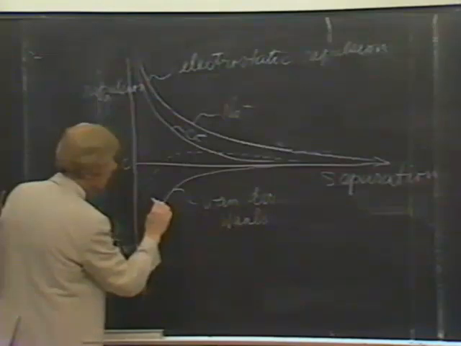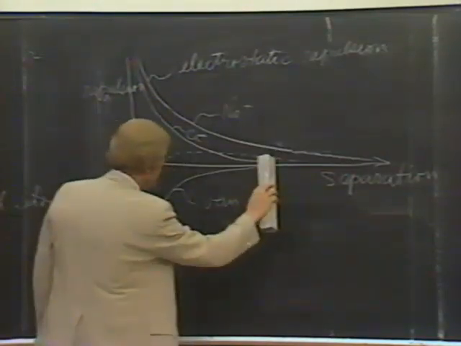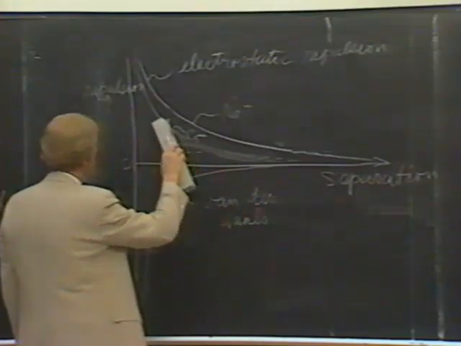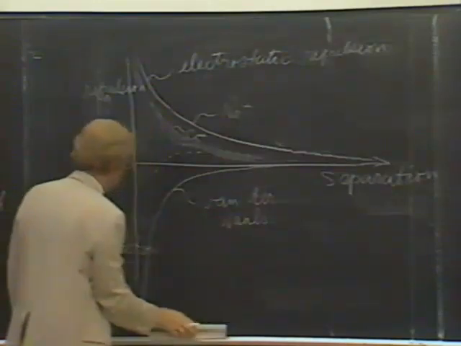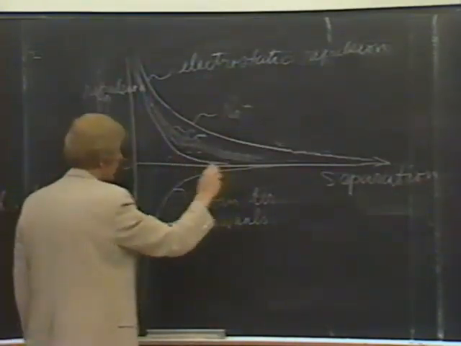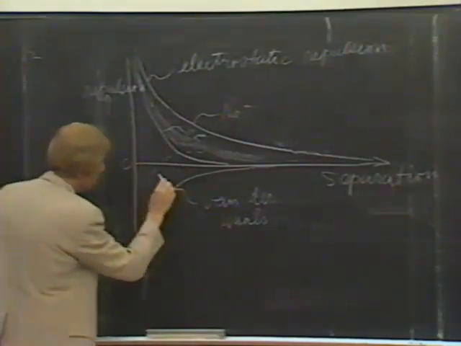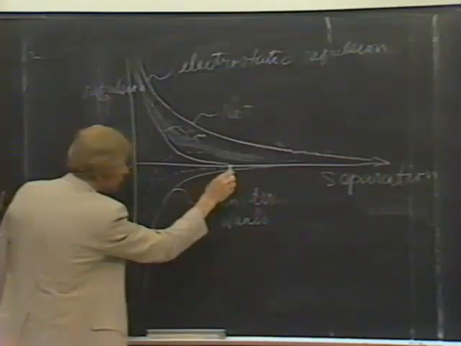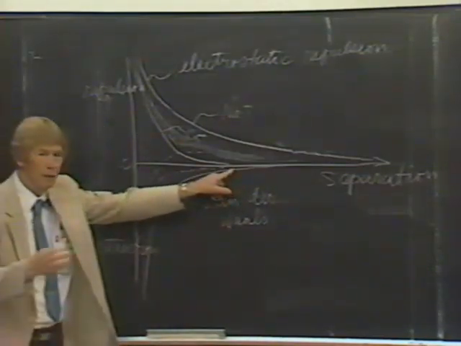So as the particles are brought together, they don't see any kind of a hump or resistance to motion. They can simply get closer and closer, and as they get closer, they're attracted more and more strongly. And then finally, when they touch each other, the van der Waals force is by far the dominant force, and they just stay stuck to each other. Then the particles cohere, and that's cohesion.